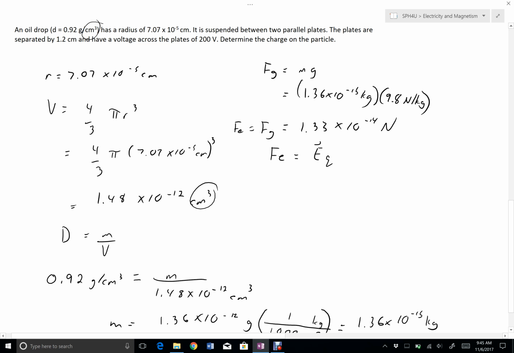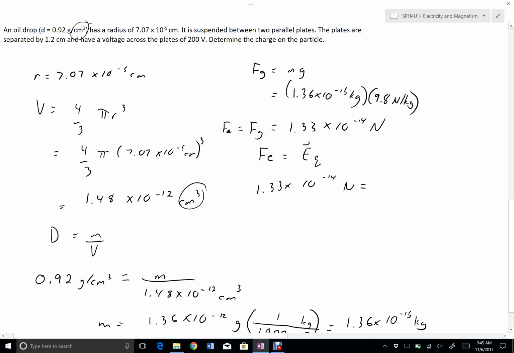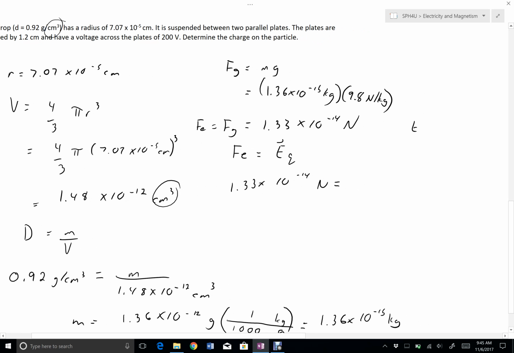So using that, I can say that this is 1.33 times 10 to the negative 14 newtons. The electric field on a set of parallel plates can be given by the voltage divided by the distance between the plates. So here we have 200 volts divided by 0.012 meters.